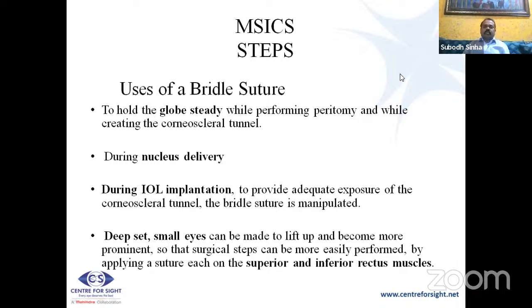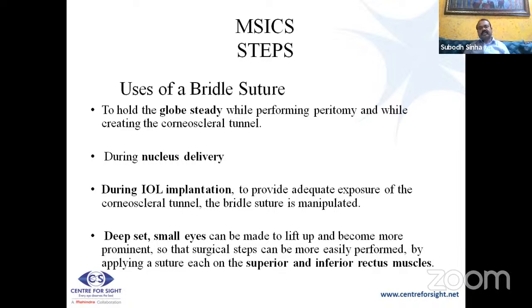Although it looks like a very easy step, you should be slightly cautious. The advantage of bridle suture is that it holds the globe steady. So while performing peritomy and making the sclerocorneal tunnel, the globe is steady, which makes things easy.